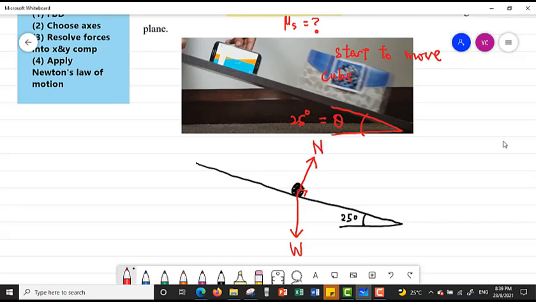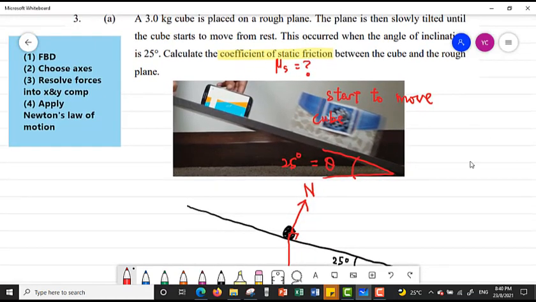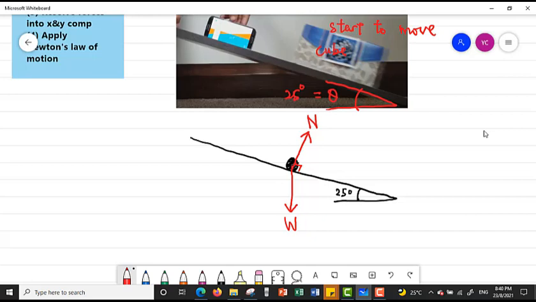And then, is there any tension? No, there will be no tension because we didn't attach any string to the cube. Okay, then is the surface rough? Yes, we want to find the coefficient of static friction, which means there must be a static friction force acting. If you see from the video just now, when the cube starts to move, it will slide down.